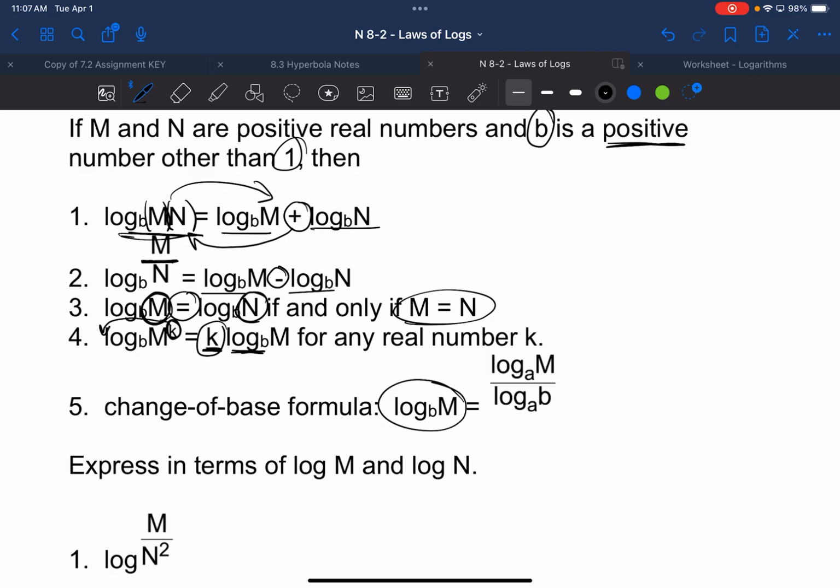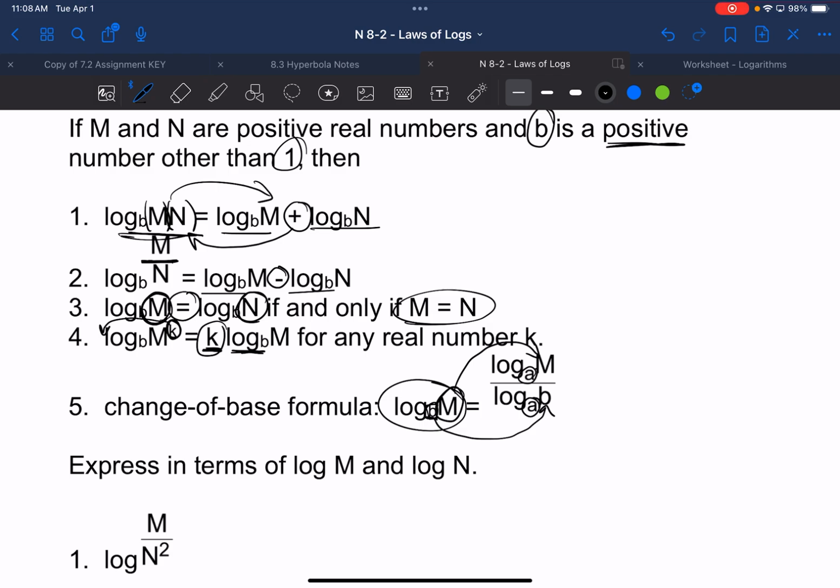But you would change out this base b for any number you want. So you can see they changed it to just some letter a. And when you do that, you rewrite it as division. The m, the thing you were taking the logarithm of, is going to go to the top. And the b, your original base, is now going to be what you take the log of in the bottom. But again, I can use any base I want to use.